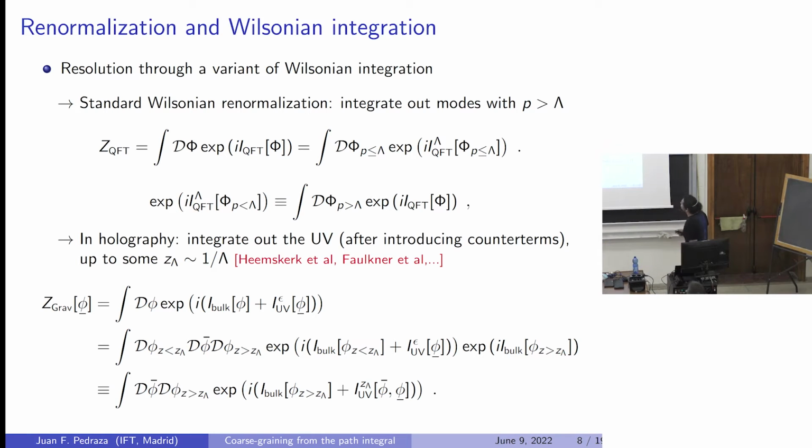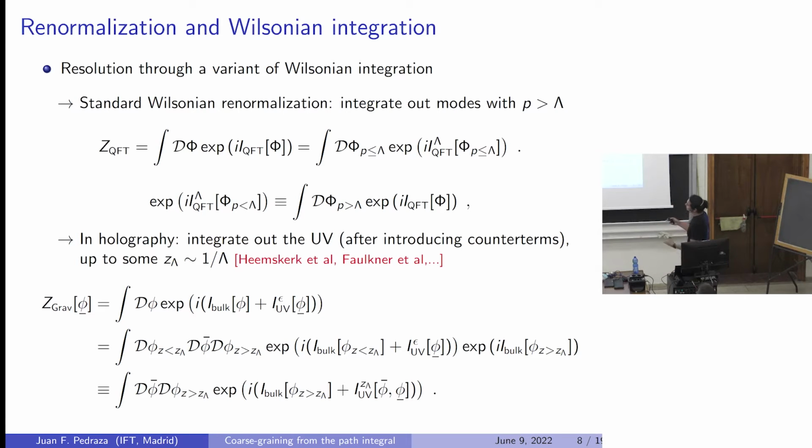And what you do is to start with the full path integral. Then you can define an effective action that is valid below a certain cutoff. The way you do it is to integrate over momentum modes above this cutoff. So in that way, you can define this effective action.